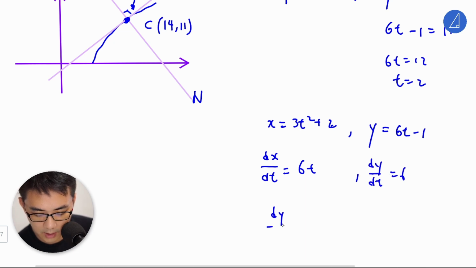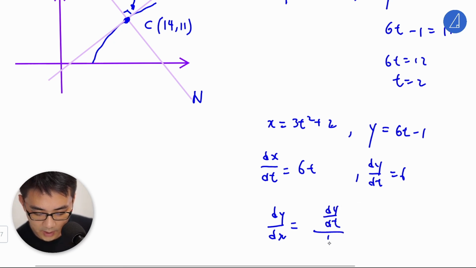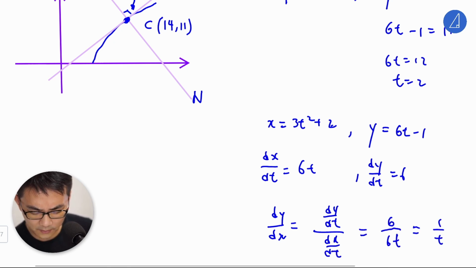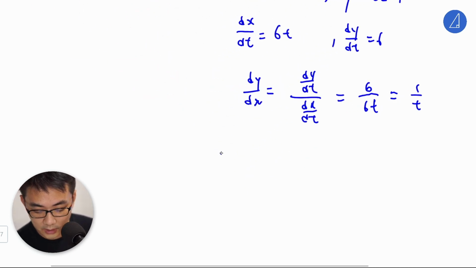So dy/dx is just dy/dt divided by dx/dt. That will be 6 over 6t, which equals 1 over t. All right, so that is it. Essentially, this is m tangent.